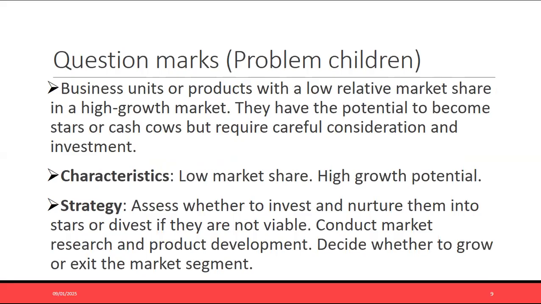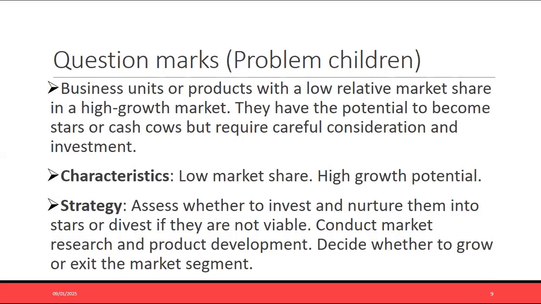If a business unit is classified as a question mark, what it means is that it has a relatively low market share in a high growth market. So this is just the opposite of the cash cow. The question mark has a low market share in a high growth market.